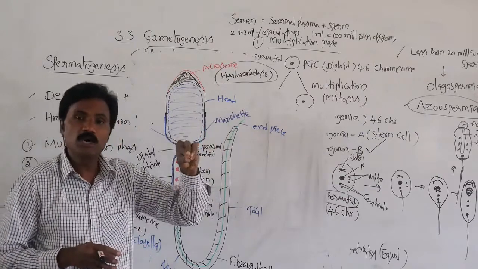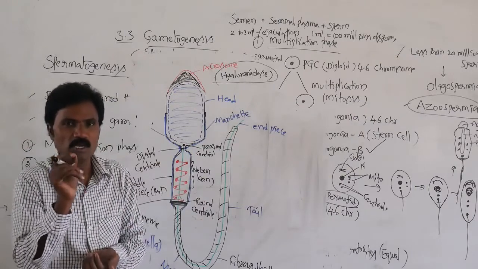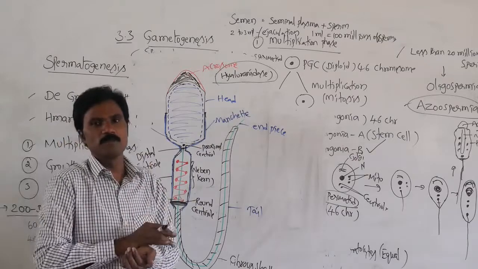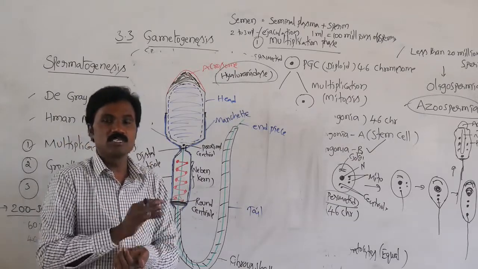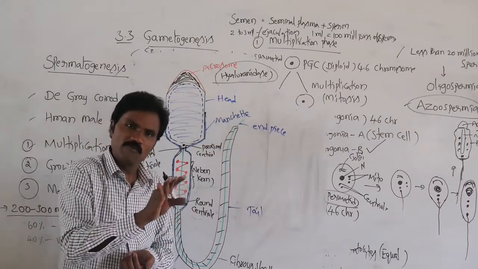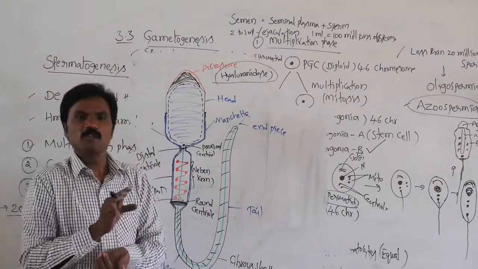Then, which hormones control spermatogenesis? Gonadotropin releasing hormone, secreted by the hypothalamus, stimulates the anterior lobe of the pituitary gland, which releases FSH. FSH acts on the Sertoli cells, which release factors: androgen binding protein as well as inhibin.